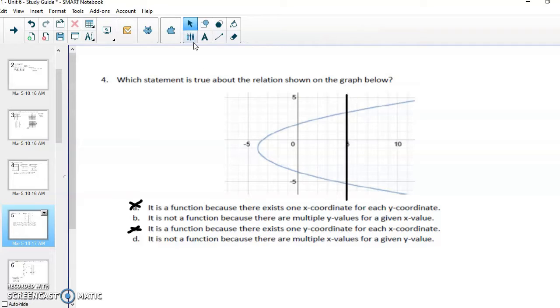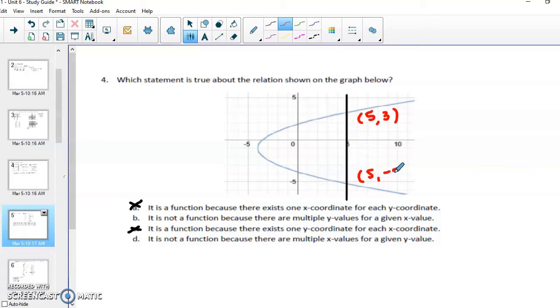So if I think where 5 is, I've got 5, and I think that's at 3. And then I've got 5, -5. The problem is when x is 5, there's more than one y value. So C is your answer.